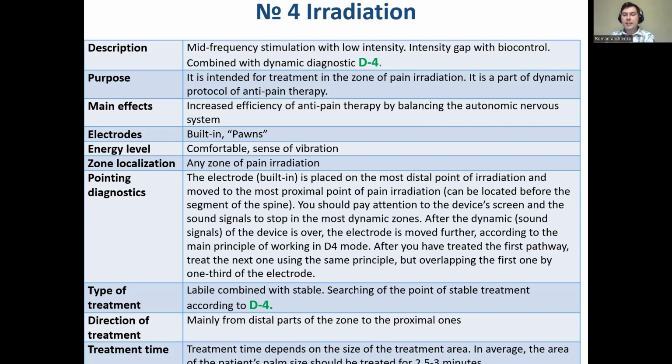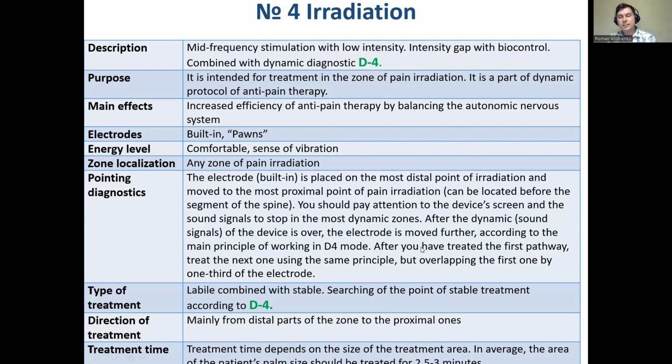You can stay right there because this is a treatment preset, not just the D4, until the symptoms are relieved. After you have treated the first pathway, treat the next one using the same principle, but overlapping. So we slightly overlap the second pathway until you cover the entire irradiation area.